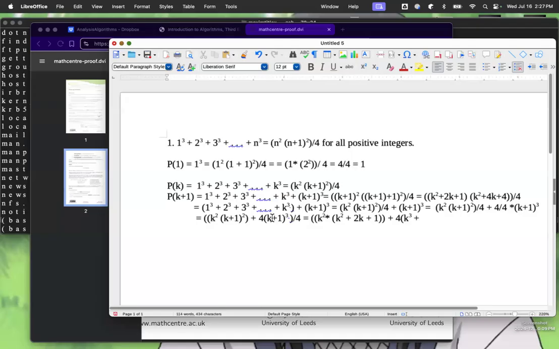Right over here, I have k cubed plus 3k squared, and then I'm also going to have 3k.